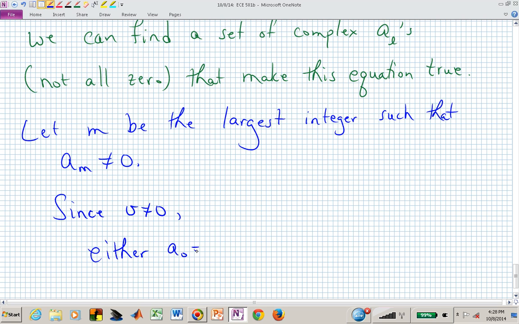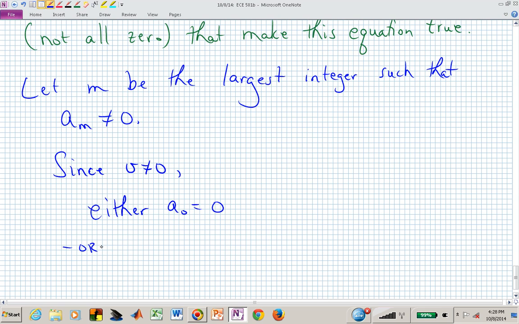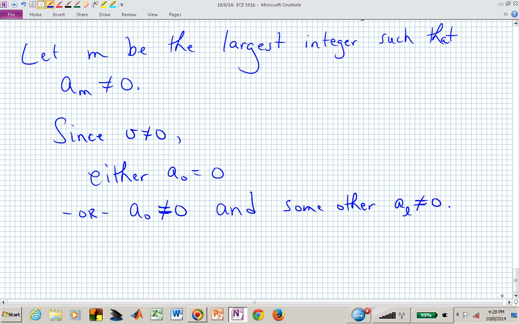Either a sub 0 is equal to 0, or a sub 0 is not equal to 0, and if it's not equal to 0, then we know that there's another non-zero value for the coefficient, a sub l.